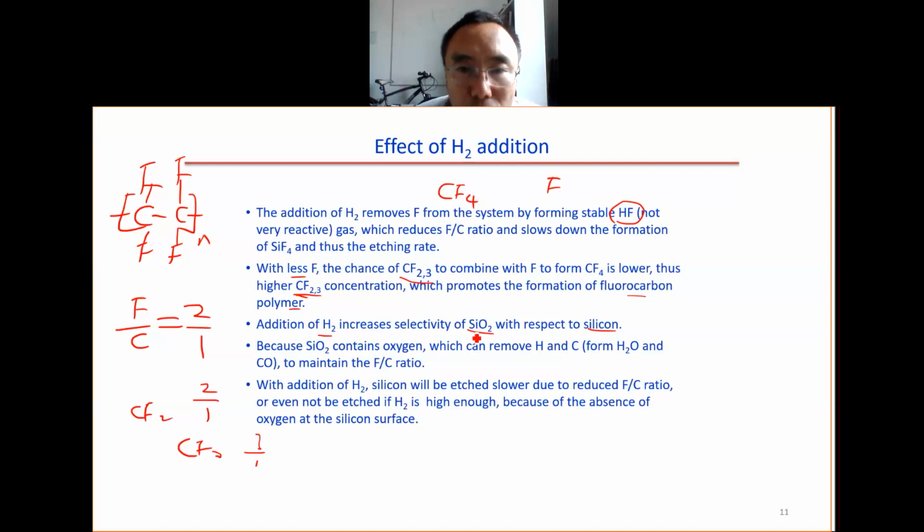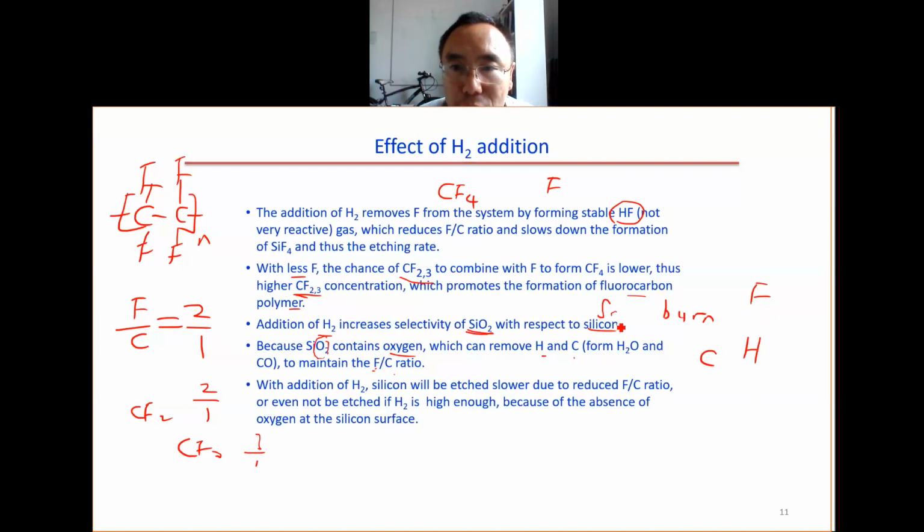This is because the silicon oxide contains oxygen. So this can remove hydrogen and carbon to form water and CO to maintain the fluorocarbon ratio. Basically, you can think the oxygen can burn away the carbon and the hydrogen to have more fluorine, because we have oxygen from the silicon oxide.